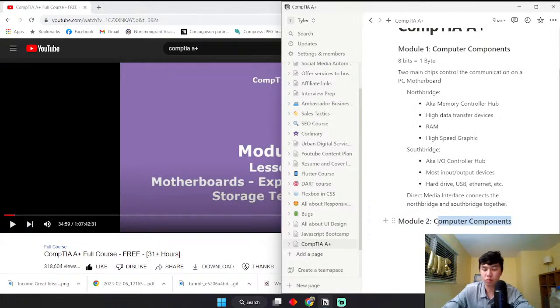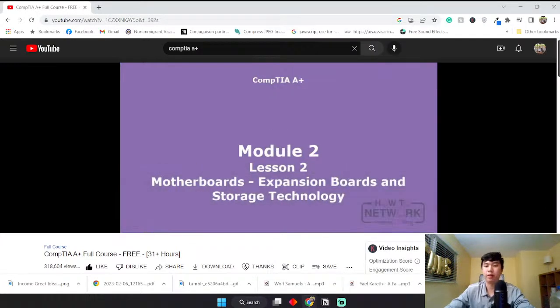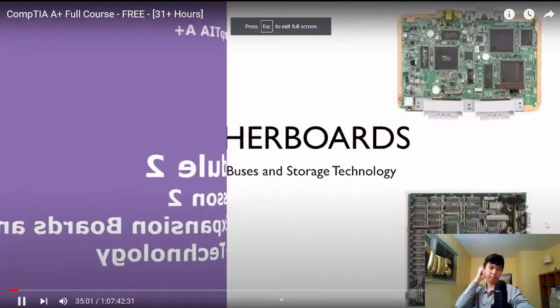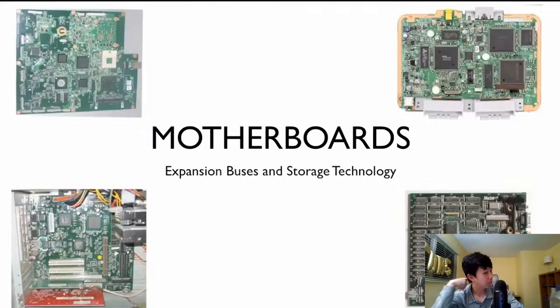Module 2 is going to be motherboard, expansion boards and storage technology. Right. Motherboards, expansion buses, and storage technology.